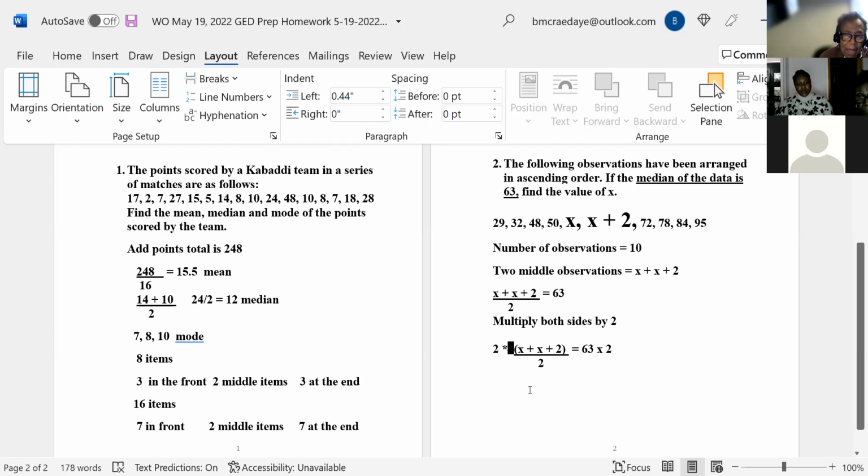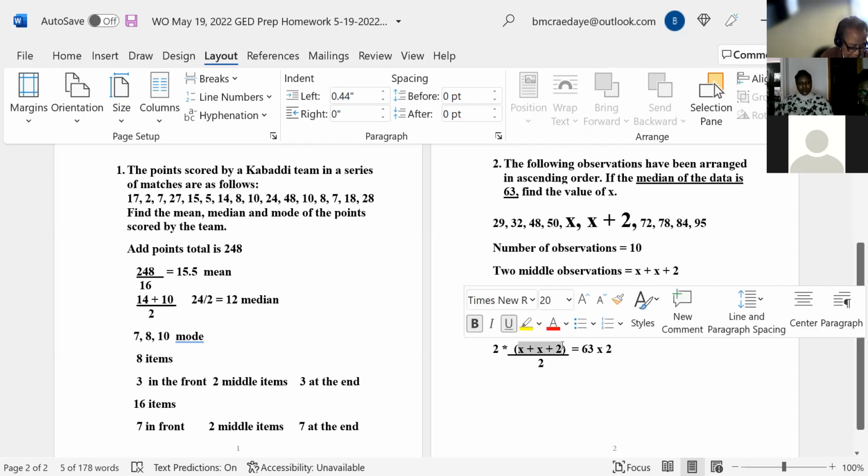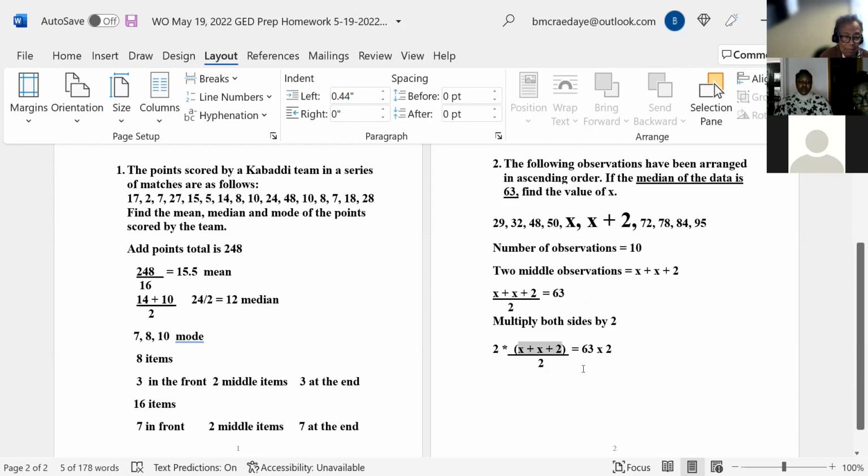So what do I have left on the left side? No, you can't throw away this expression. 2 divided by 2 is 1. So I just have this expression left. 1 times that expression is equal to that expression, right? So what I'll have left on the left is x plus 2.